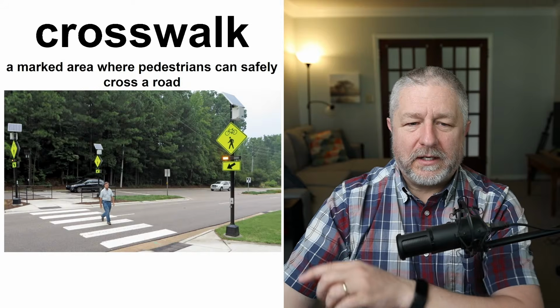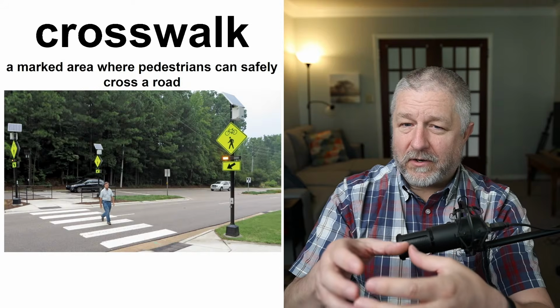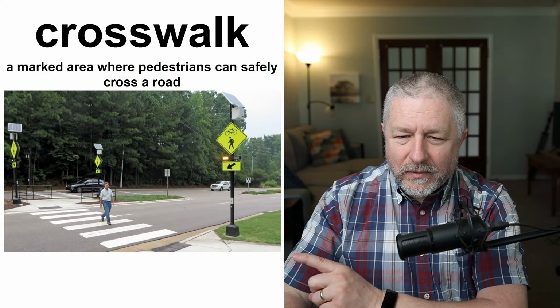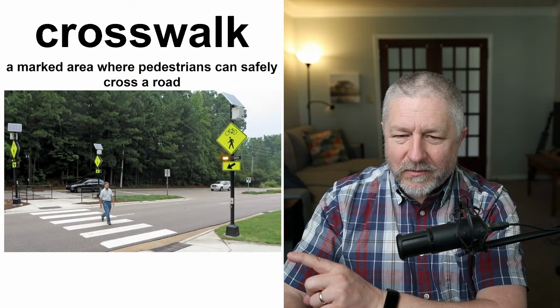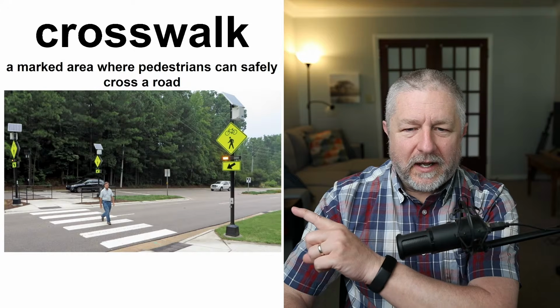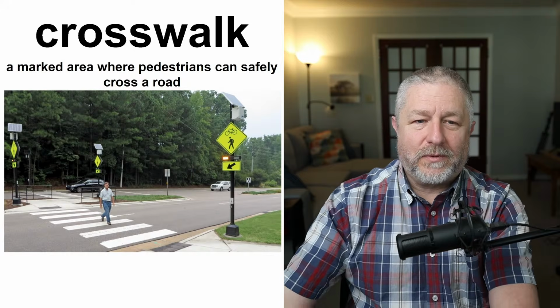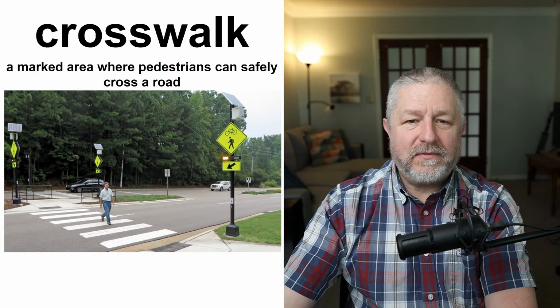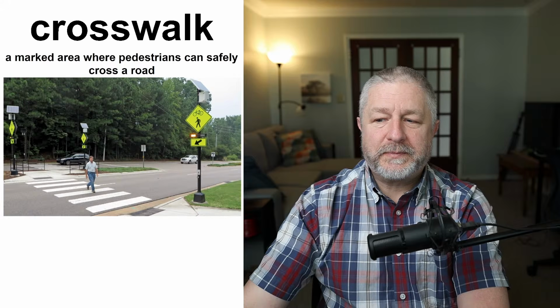Often a crosswalk, or almost always a crosswalk, has sidewalks leading up to it. So you can see in this bottom corner, there's a bit of a sidewalk there, and then a street sign, and then a pedestrian using the crosswalk. So a crosswalk, a marked area where pedestrians can safely cross a road.